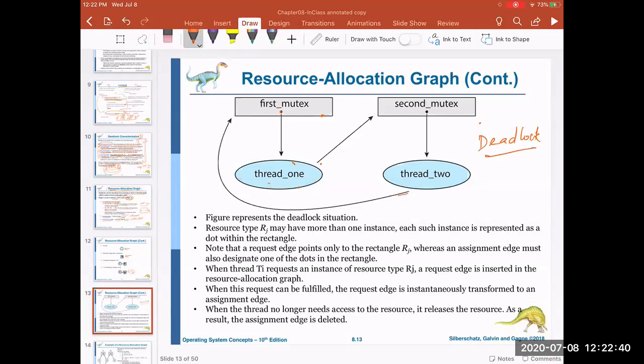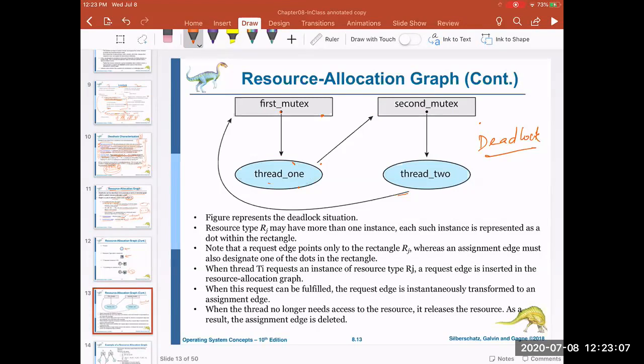So basically, it is easy to judge what would be a deadlock condition. Whenever there is a cycle present in this graph, we can judge that a deadlock can happen, or can be created.